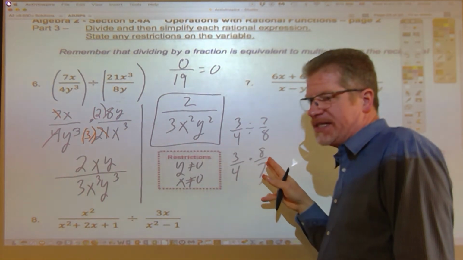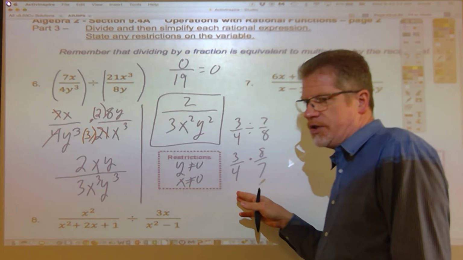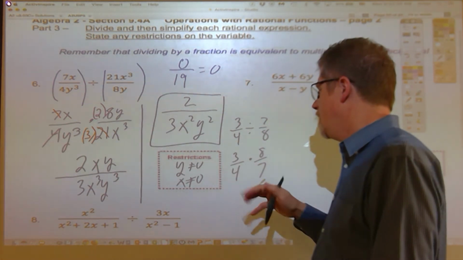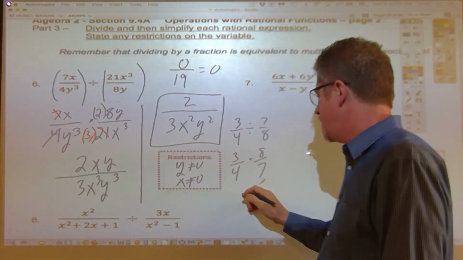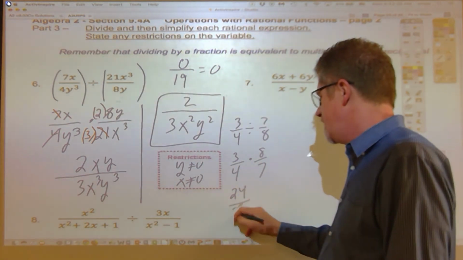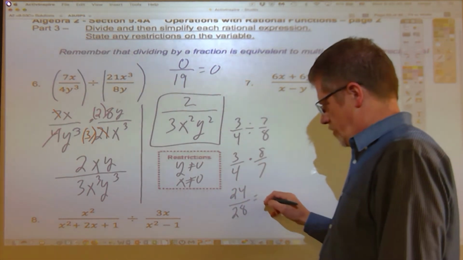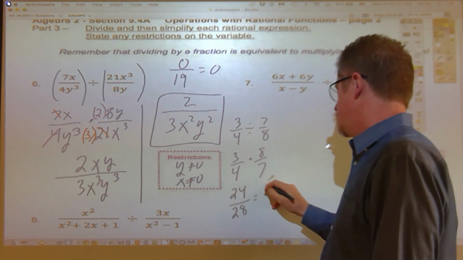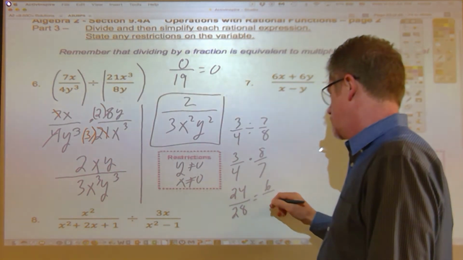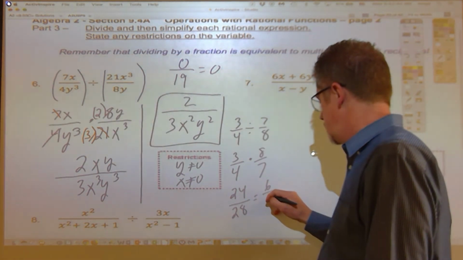So you flip the second fraction, not the first fraction. Now, if you find yourself not believing this, it was just 24 over 28, which reduces to 6 over 7, since 4 goes into 24 6 times and 4 goes into 28 7 times.